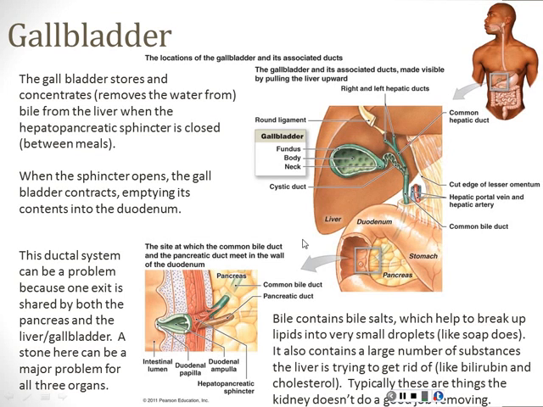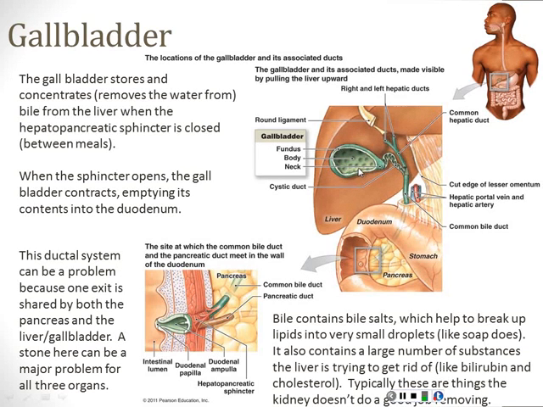All right. So why is this anatomy important? Because gallbladder problems are very, very common. The bile, as it becomes more concentrated in between meals, has all kinds of stuff dissolved in it. And that stuff can precipitate. In other words, it can come out of solution and form little stones or little crystals.